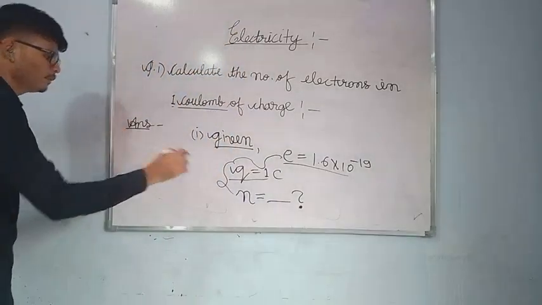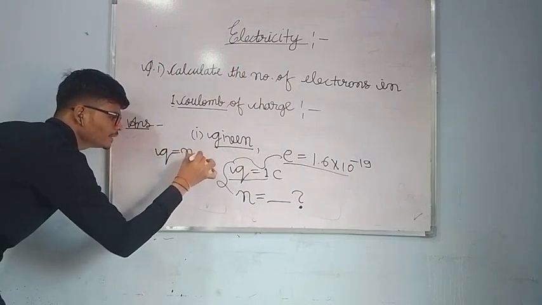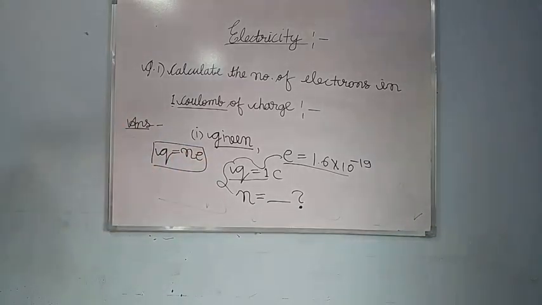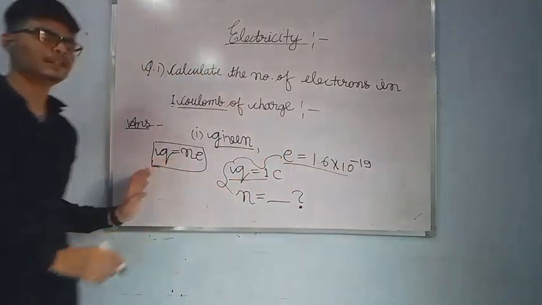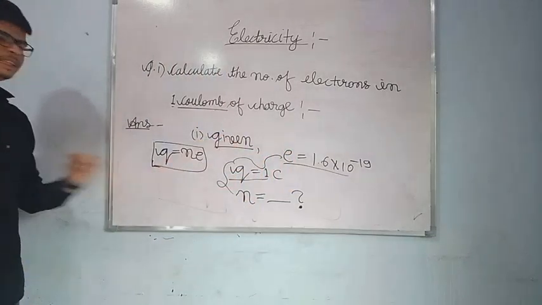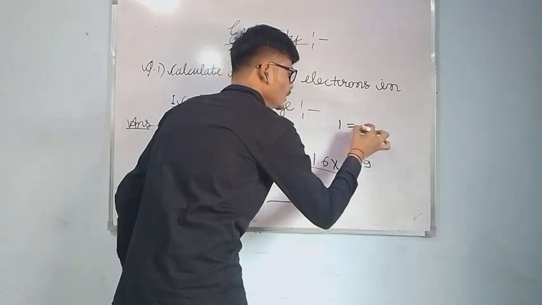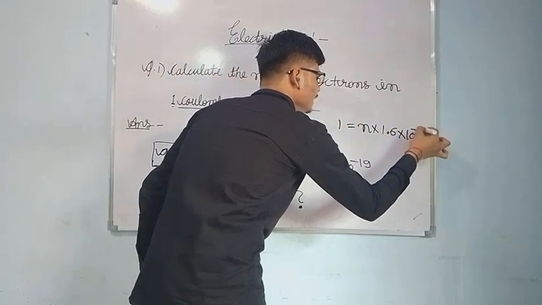A very fundamental formula: Q is equal to N times e. These three things are available in this formula, so this formula is in our range. Substitute the values in this equation. So 1 is equal to N times 1.6 into 10 to the power minus 19.